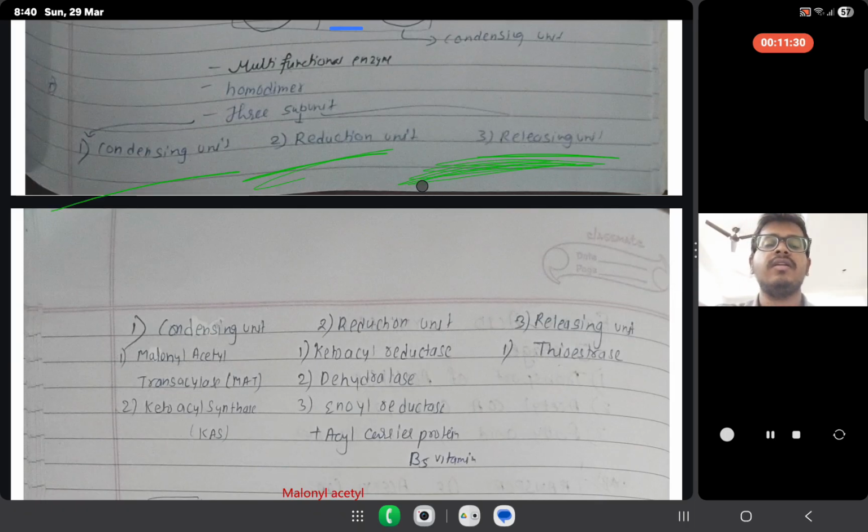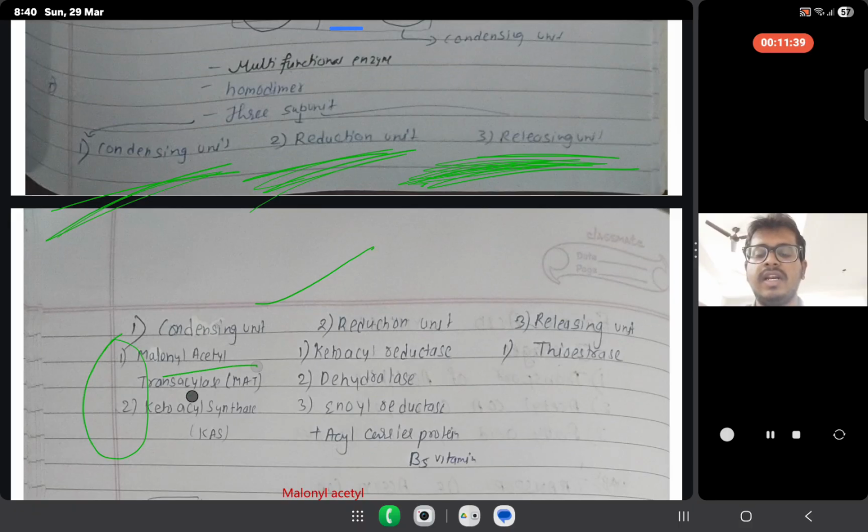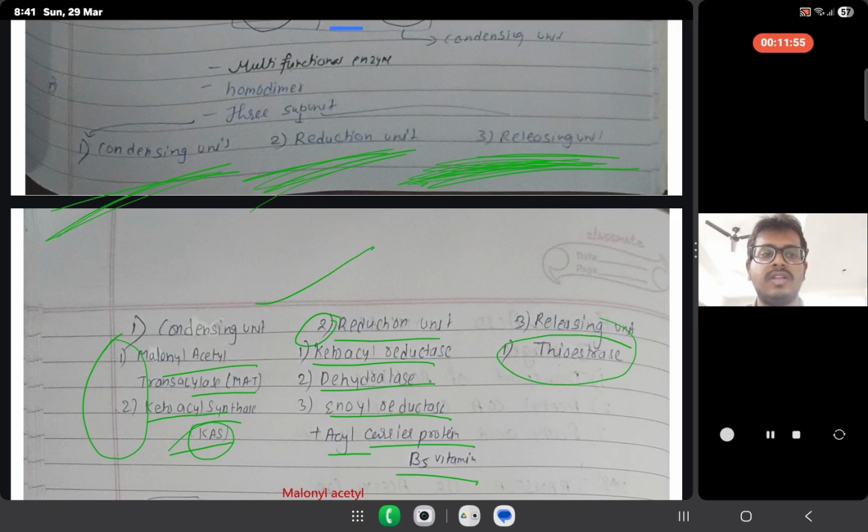In the condensing unit we have two things, malonyl acetyl transacylase, MAT, and ketoacyl synthase, KAS. Second is the reduction unit, that is, ketoacyl reductase, dehydratase and enoyl reductase, plus acyl carrier protein, that is, vitamin B5. Third is the releasing unit, that is, thioesterase.